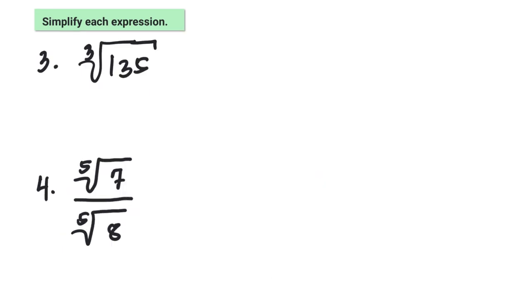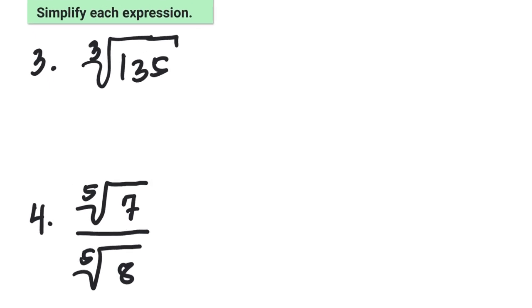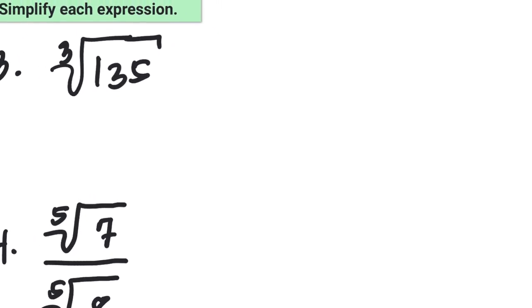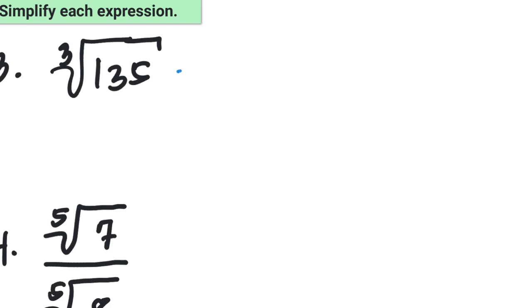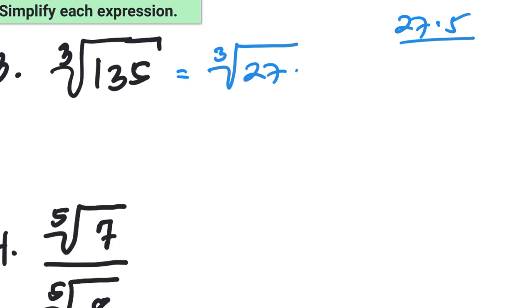Okay, in here, we're going to simplify this expression by writing it in its simplest form. So number 3, the cube root of 135. Now we know that 135 is the same as 27 times 5. So let's see. The cube root of 27 times 5.